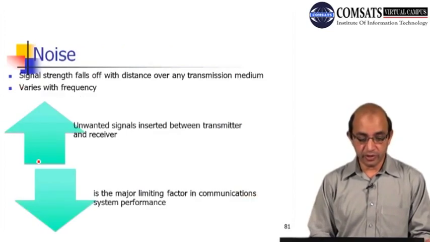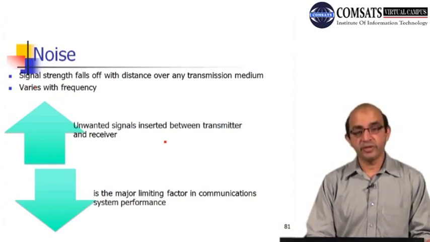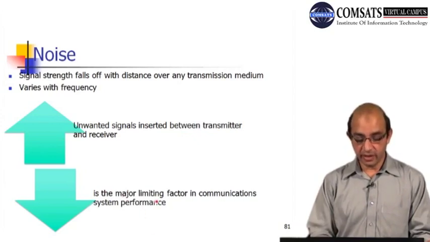Here we will be talking about the noise. Signal strength falls off with distance over any transmission medium, and the signal can also vary with frequency. Noise is defined as an unwanted signal inserted between transmitter and receiver. Noise is the major limiting factor in communication system performance.